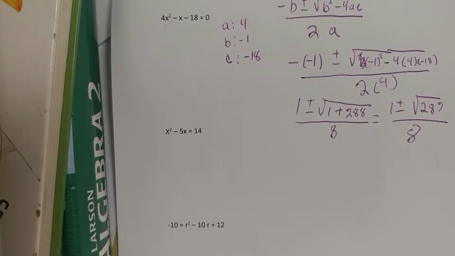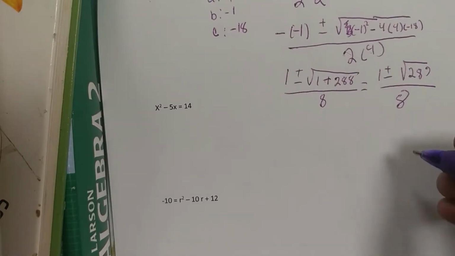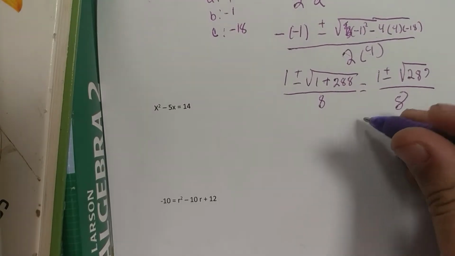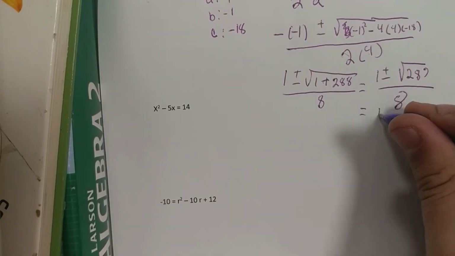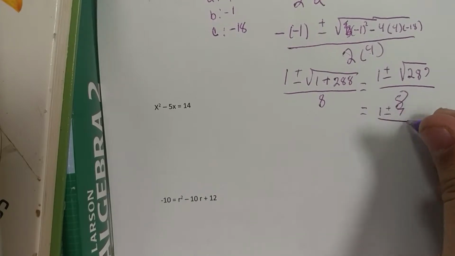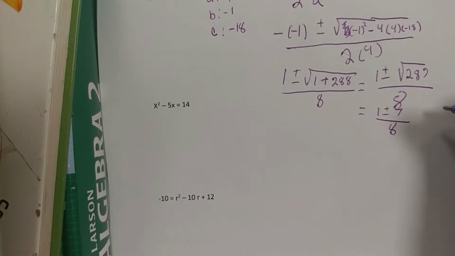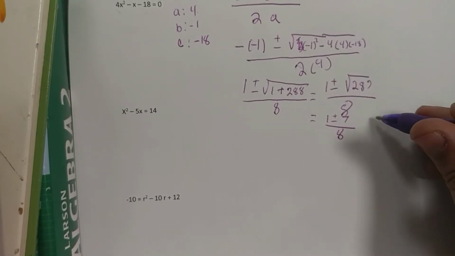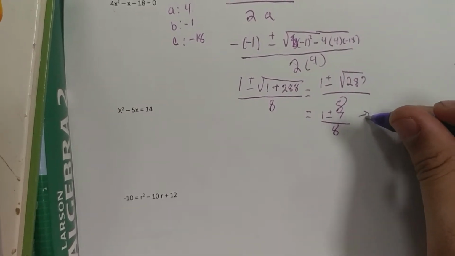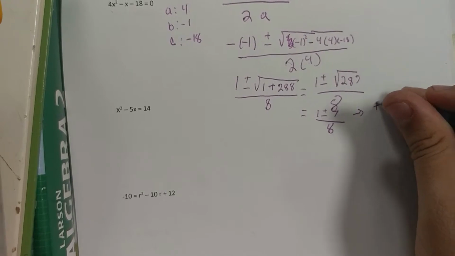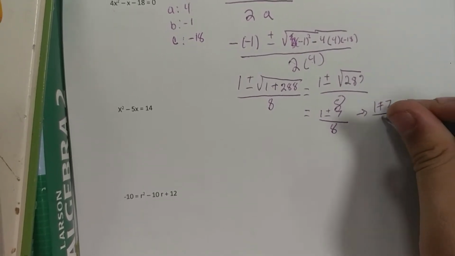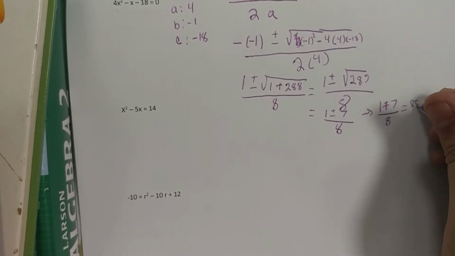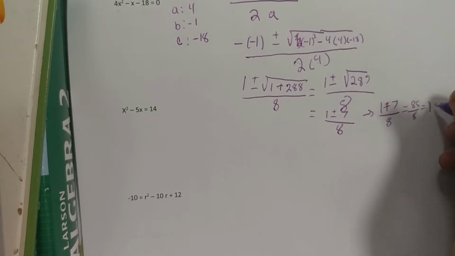The square root of 289 is 17. So this equals 1 plus or minus 17 over 8. Now I want to split into two pieces. So I'm going to do 1 plus 7 divided by 8, which is 8 over 8, which equals 1.